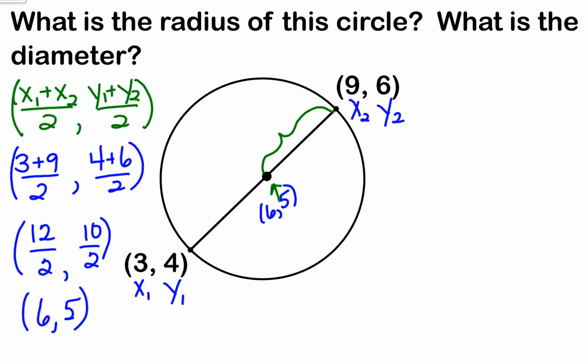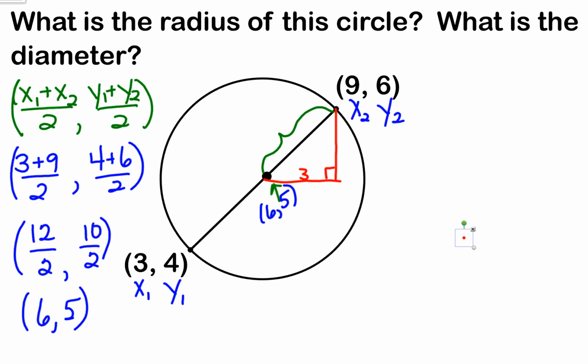Okay. And now I want to look a little bit about how I could find that distance. I could use the distance formula, which is not a problem, or I could use the Pythagorean theorem. If I were to use the Pythagorean theorem, we need a right triangle. But how do I know how long each side is? Well, if I'm going from 6 to 9, it took me 3 spaces to get there.